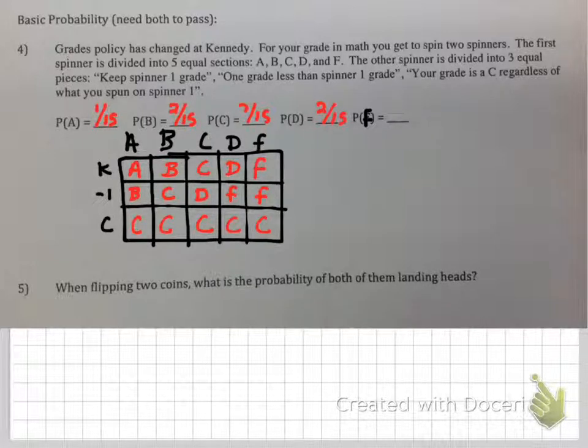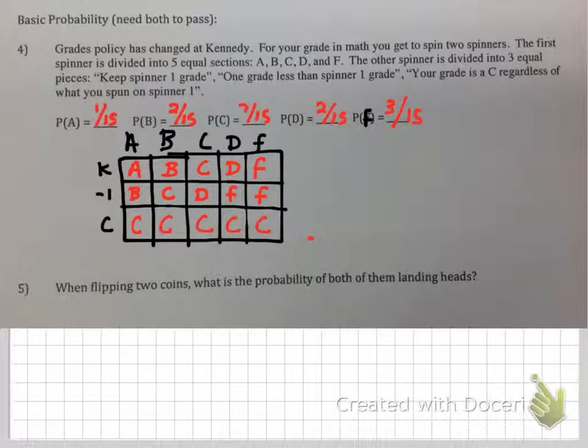And probability of an F, it looks like there's 3 out of 15. I don't know about you, but I think I'd rather go through the work and try to get a grade, because the probability of getting an A or a B is not very good, and I think that's a grade I would be striving for.